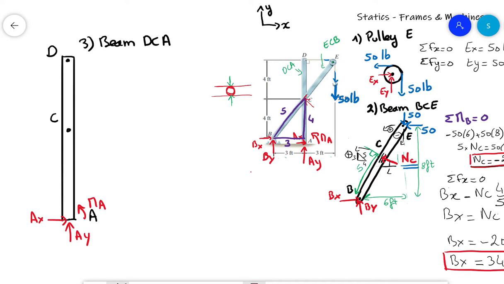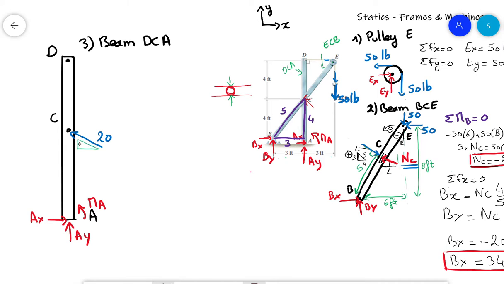Remember that this NC should go down if we write it positive, so we should write it up to say that it's 20. We should invert this NC at the end. The force of the pin on the beam DCA should be the inverse of the force of the pin on the beam BCE.